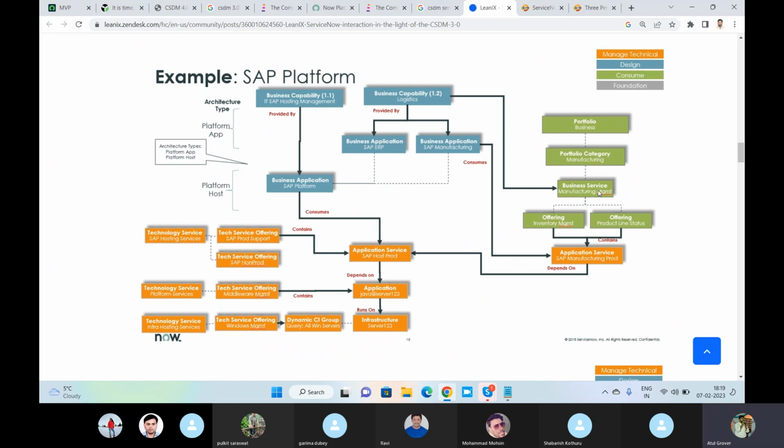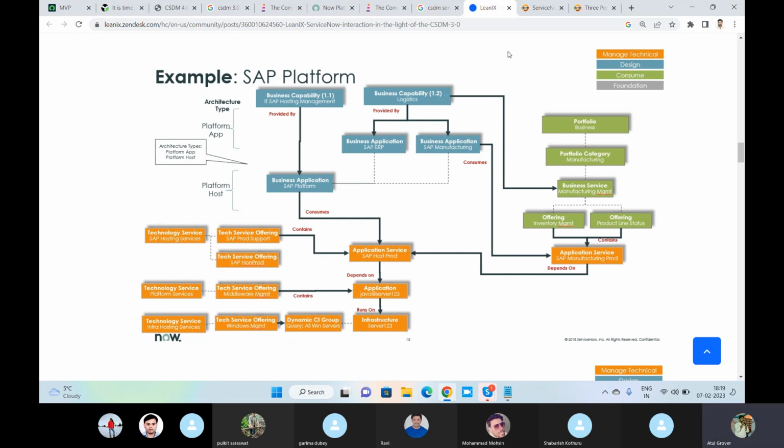Now, any company that wants to implement SAP and is in manufacturing can contact us. In this, we are providing inventory and product line status. These are the offerings. You can take inventory, you can take product lines. Like if I take an example, I try to build a CSDM model for a hospital.